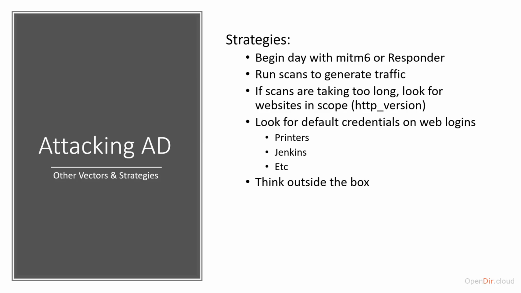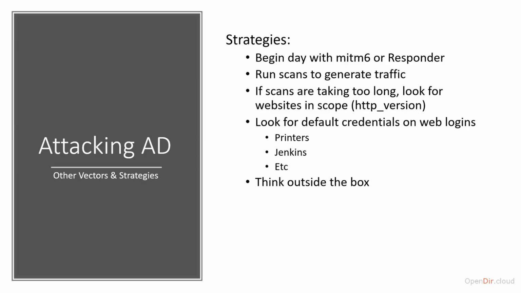Now, if your scans are taking too long, if you have a big network, which can happen, what I like to do is just look for websites that are in scope. And this is another thing that we can do if we're trying to be quiet, as opposed to just running scans. If your goal is to be quiet in the network, you can sweep the entire network for websites, okay? And I look with a tool called http_version. It's just a module that you can search in Metasploit. And you just say, hey, here's my range.